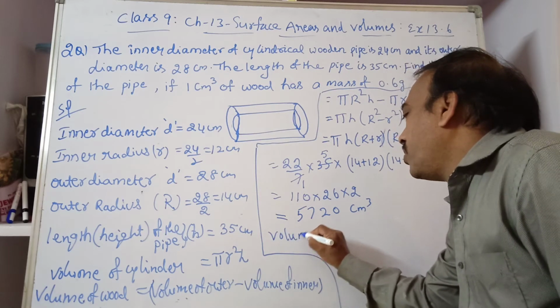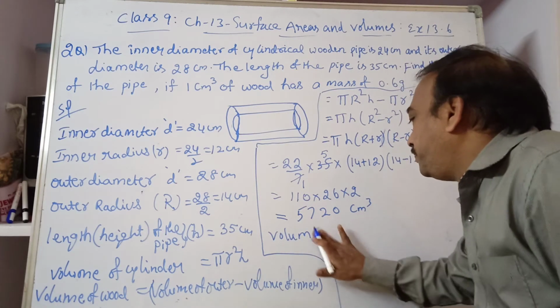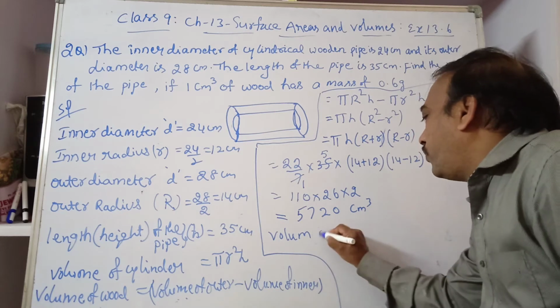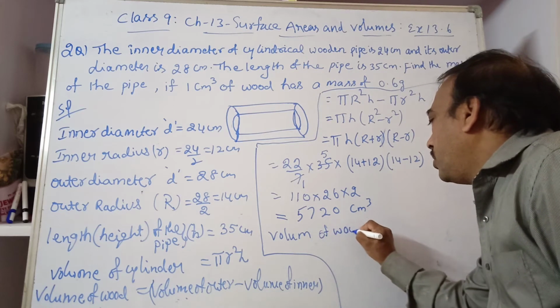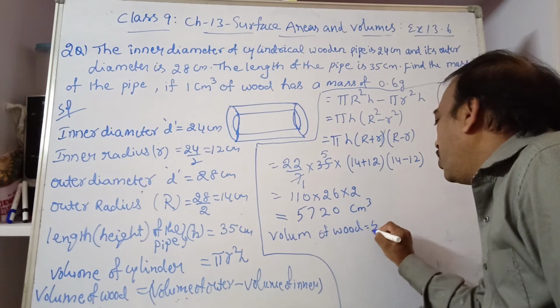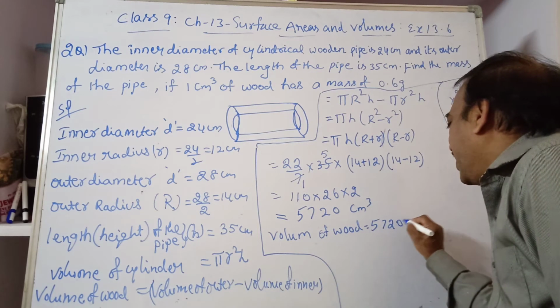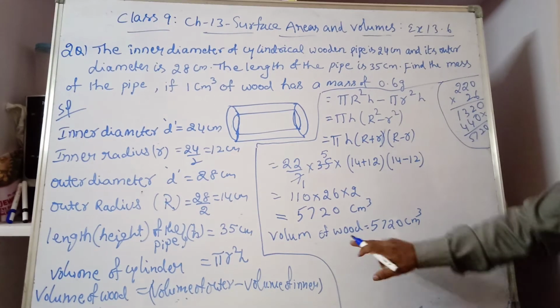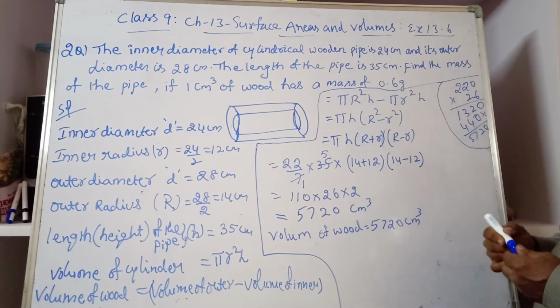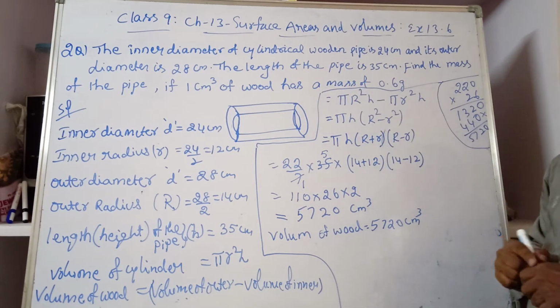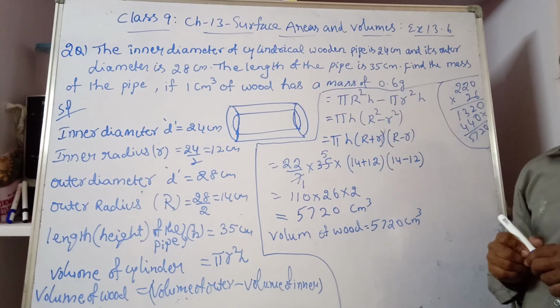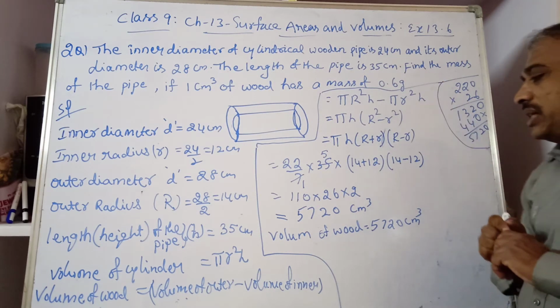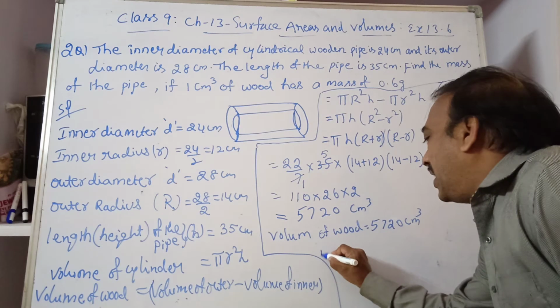The volume of wood is 5720 centimeter cube. Now what is given is that the mass of 1 centimeter cube of wood is 0.6 grams.